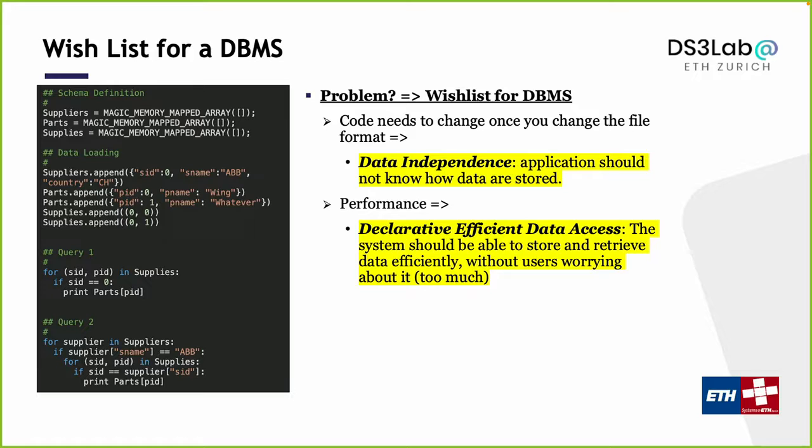The first thing is we hope that our code doesn't need to change when you change your data format. When you add a column or add some attribute, I hope my code will not change, right? That is a property that we call data independence. We want to make sure your application doesn't know how the data are being stored or how the data are being organized.